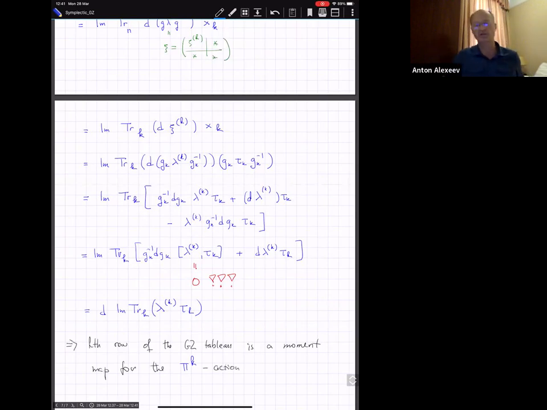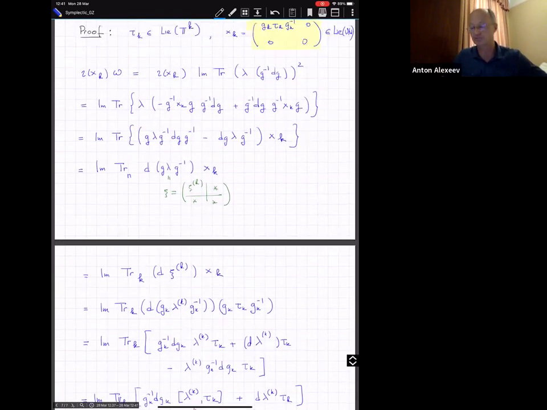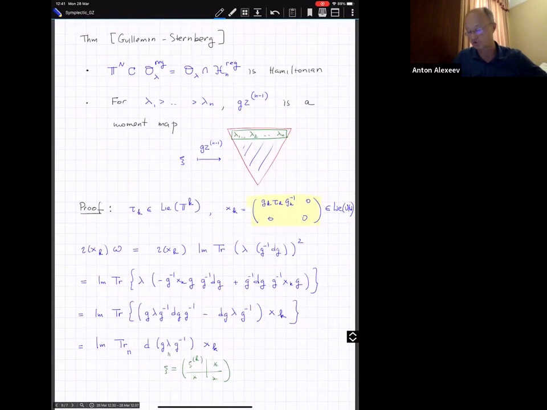Up to sign, yes, the sign I probably messed up. So we've actually proved the theorem of Guillemin-Sternberg.